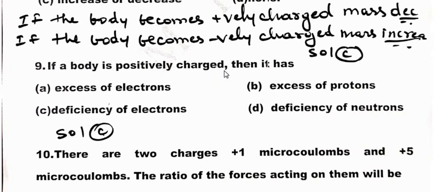Or deficiency of electrons. So when a body is positively charged, you mean to say the body is having excess of protons.